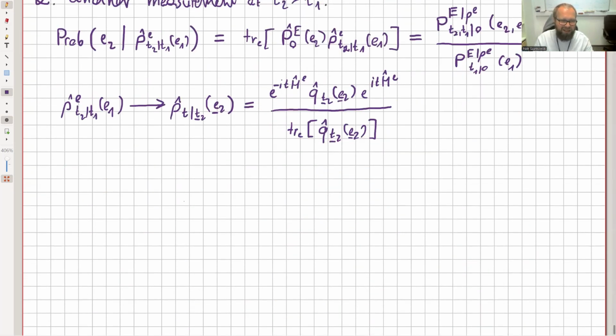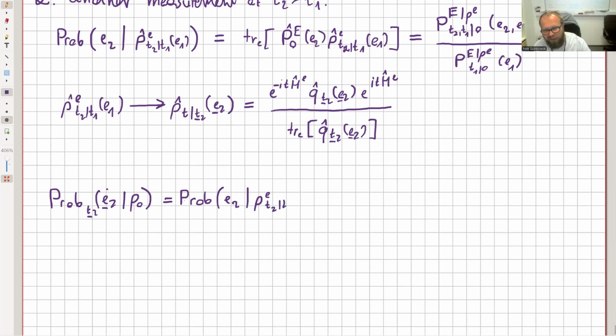So the probability that you measure a sequence E2, E1 at times T2, T1, given the initial condition, according to Bayes' rule, you can construct it by taking the probability of measuring E2 given rho E T2, T1, E1, times the probability of measuring E1 given rho E T1.